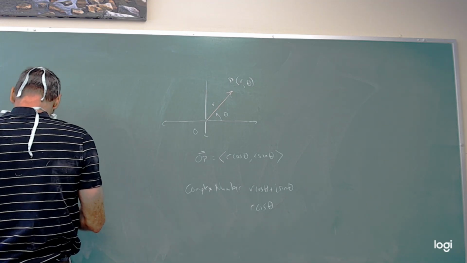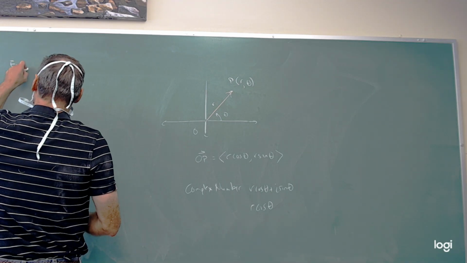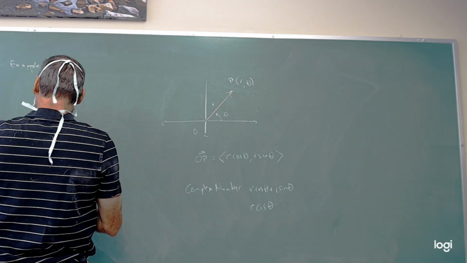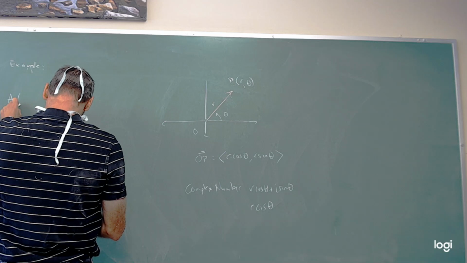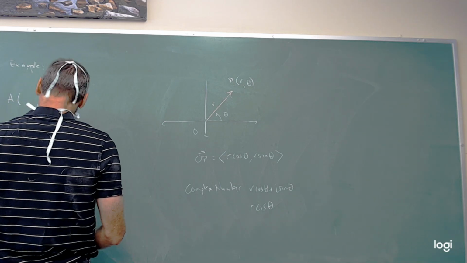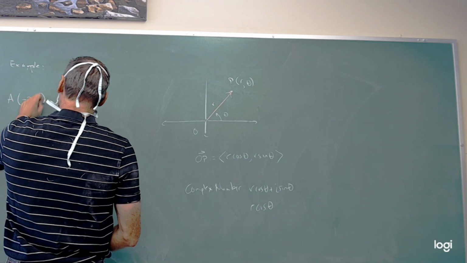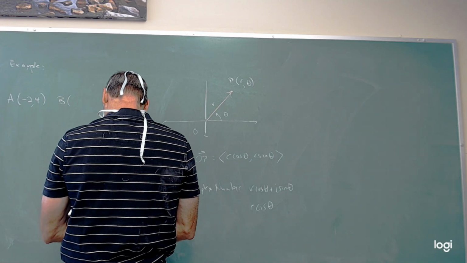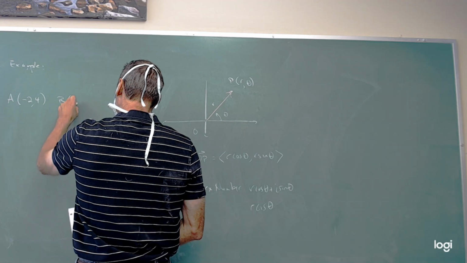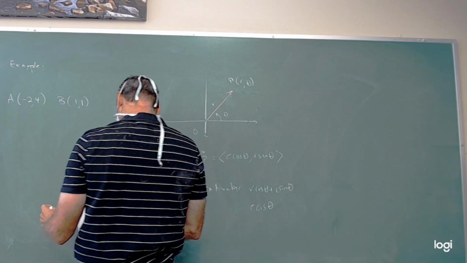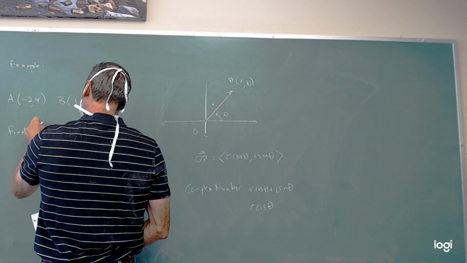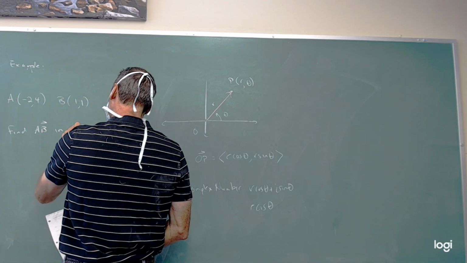Okay, so for example, now when we're given ordered pairs, here's an example. We have a point A whose coordinates are -2, 4, and then we have a second point B, and its coordinates are 1, 1. Then we can find vector AB in component form.